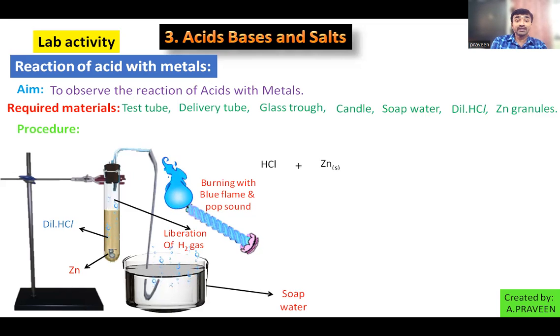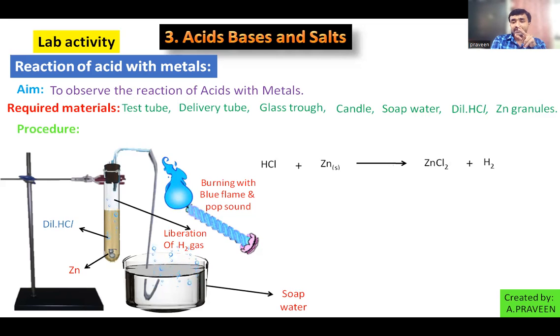Then a liquid solution remains in the boiling tube after completion of the reaction, and we observed liberation of gas. So I observed two substances: a liquid remaining in the boiling tube and a gas liberated. The liquid remaining in the boiling tube is zinc chloride and the gas is hydrogen gas.